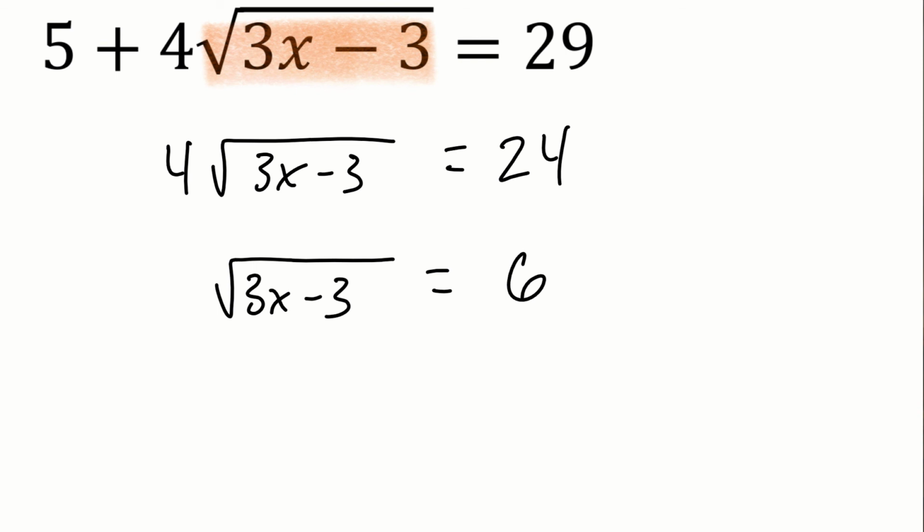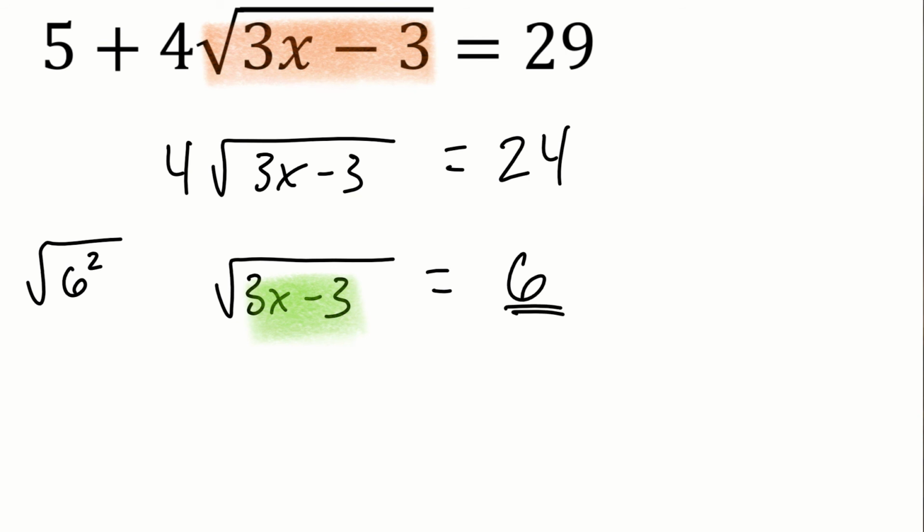All right, so now that I have that, I know that the only way that this thing can possibly be true is if the expression inside, if this thing inside was the number 6 squared, right? My thinking is, hey, I've got this thing that I'm taking the square root of, and if this was 6 squared, if I squared 6 and then took the square root of that, I would get the number 6.